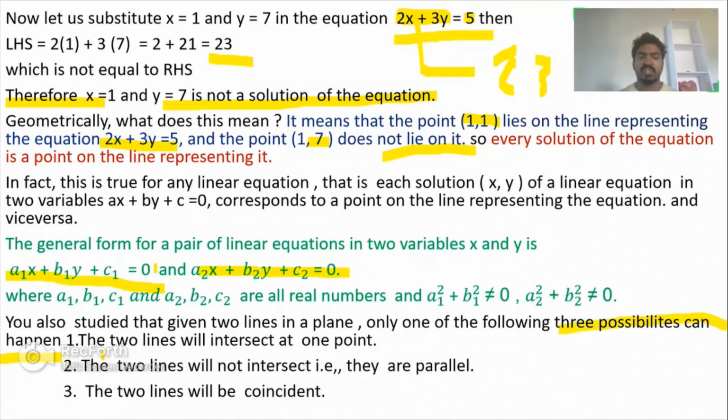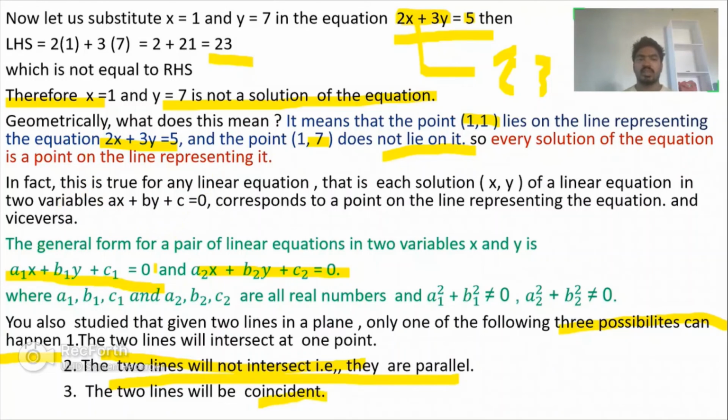They are: one, the two lines will intersect at a point; or two, the two lines will not intersect, that is, they are parallel; or the third condition, the two lines will be coincident.